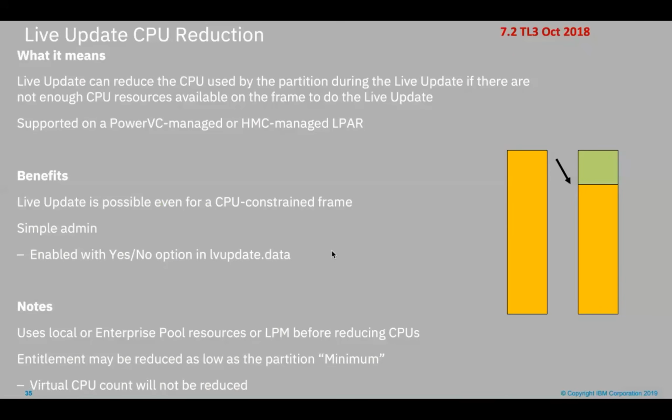So it'll go all the way down to the minimum, if possible, on the entitled capacity, perform the live update, and then we will return that entitled capacity back to its prior setting once we've finished the live update operation. And that is supported with PowerVC and HMC managed environments. So if you don't have PowerVC in the environment, this could be one way to get around any adoption hurdles you may have for live updates.